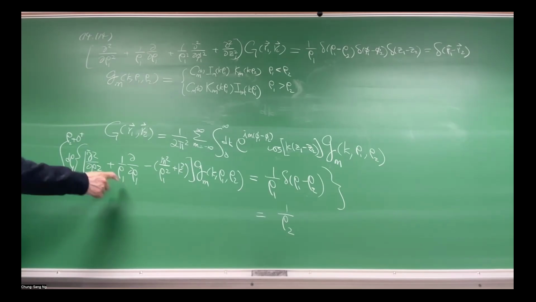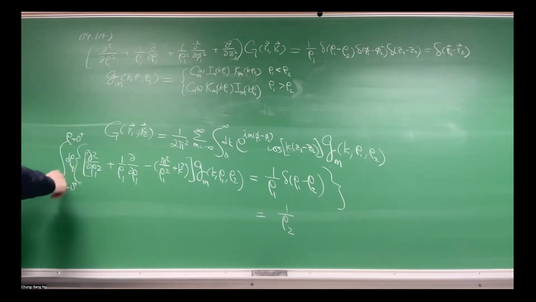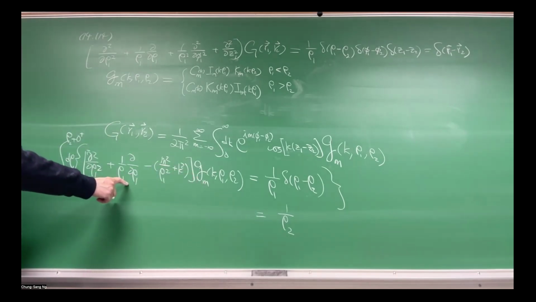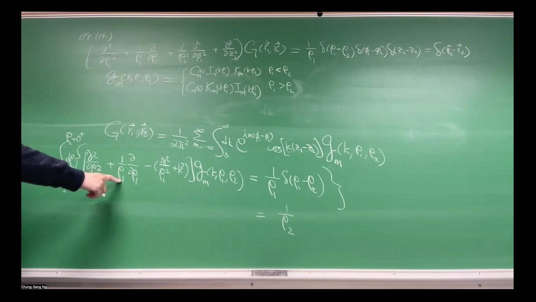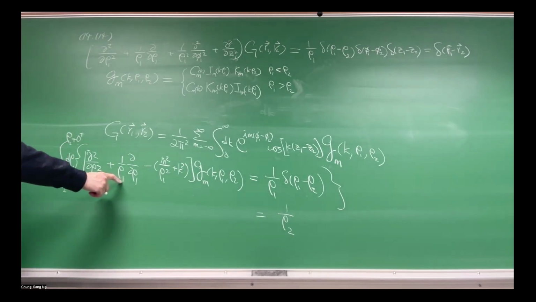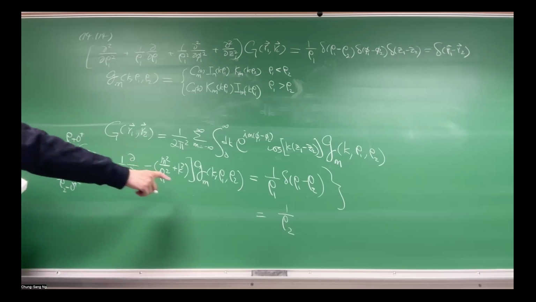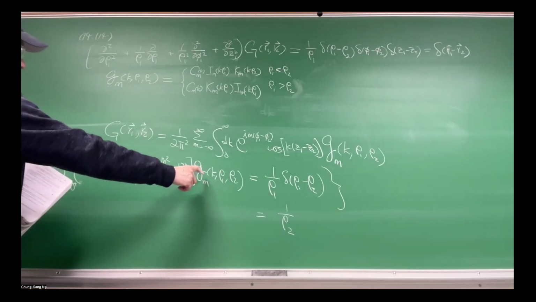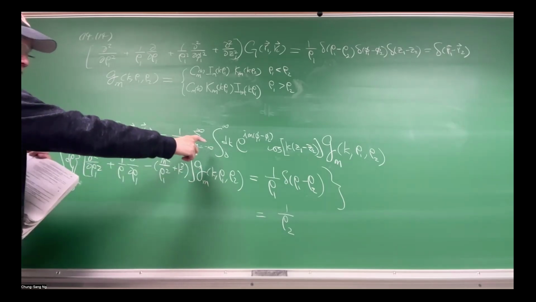Now the second part is integrating over this little range, but there's a derivative here, the derivative of G over rho sub 1. Over this little range, rho sub 1 is basically a constant, rho sub 2, because you integrate over an infinitesimal range around rho sub 2. So you can set that as rho sub 2, but then this becomes a total derivative of G. The integration becomes G sub m evaluated at the upper limit and lower limit.